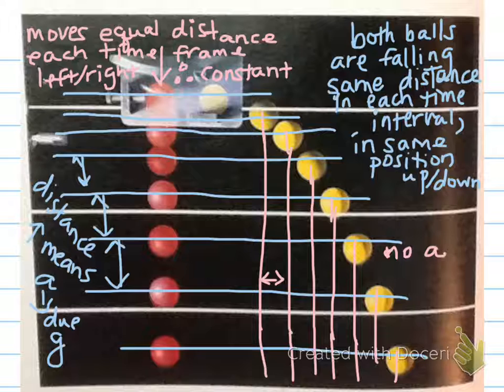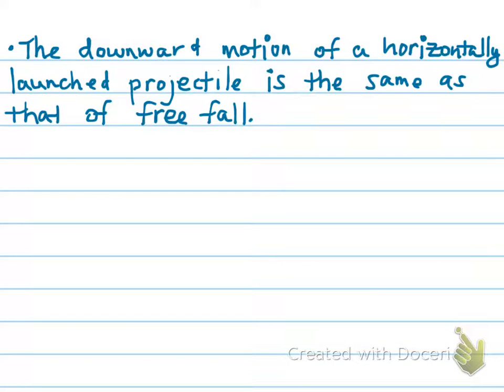That's just what we summarized in blue here. This red ball is in free fall. And the distance the yellow ball falls and the distance the red ball falls is the same in each time interval. They're at the same position. That's what we just wrote.